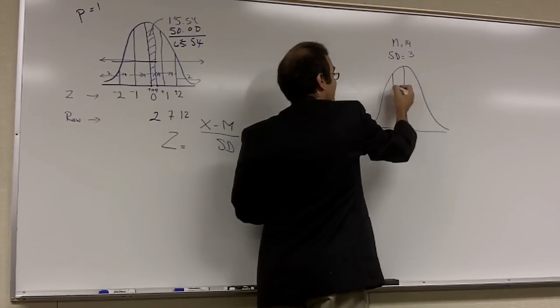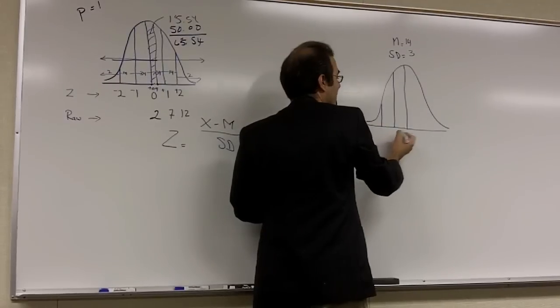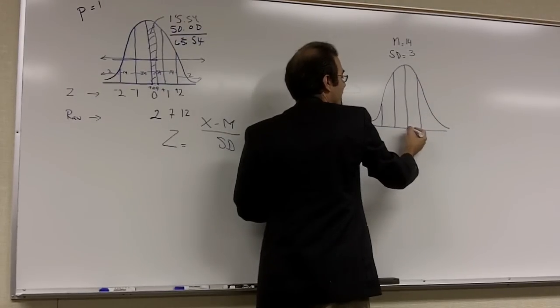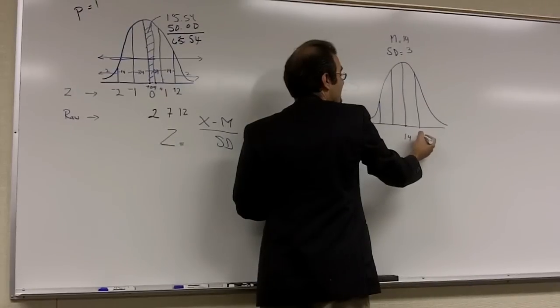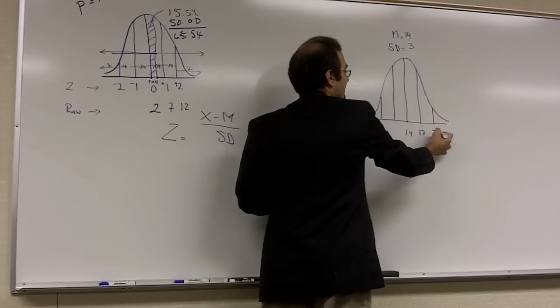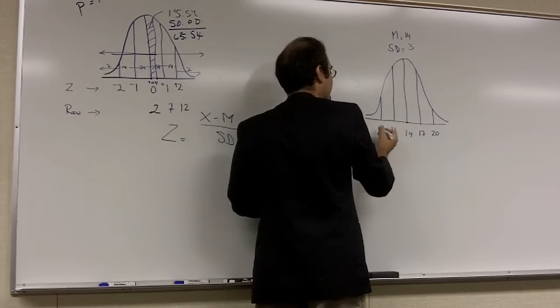So babies, normal babies, taking that vitamin, walked at an average age of 14, and with a standard deviation of 3. So 14, 17, 20, and 11, and then 8.